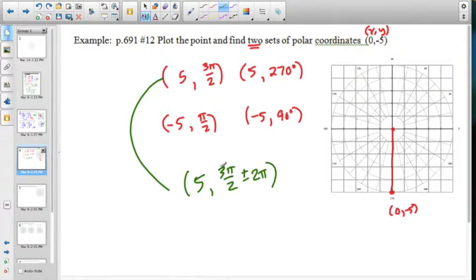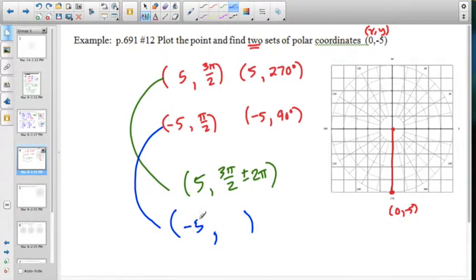So we could have 3 pi over 2, we could have 7 pi over 2, we could have 11 pi over 2. 7 pi over 2 would just be doing this and then that again. That's kind of the nature of the beast when you're dealing with polar coordinate systems, is that we have this cyclical repeating pattern.